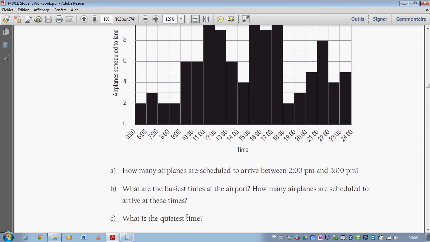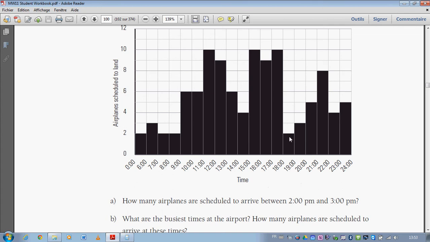What is the quietest time? We're looking for the lowest bars on the graph, and the quietest time would likely be from midnight to 6, because in that period you only had 2 planes arriving. This is actually a 6-hour gap, as opposed to these gaps being 1-hour gaps.